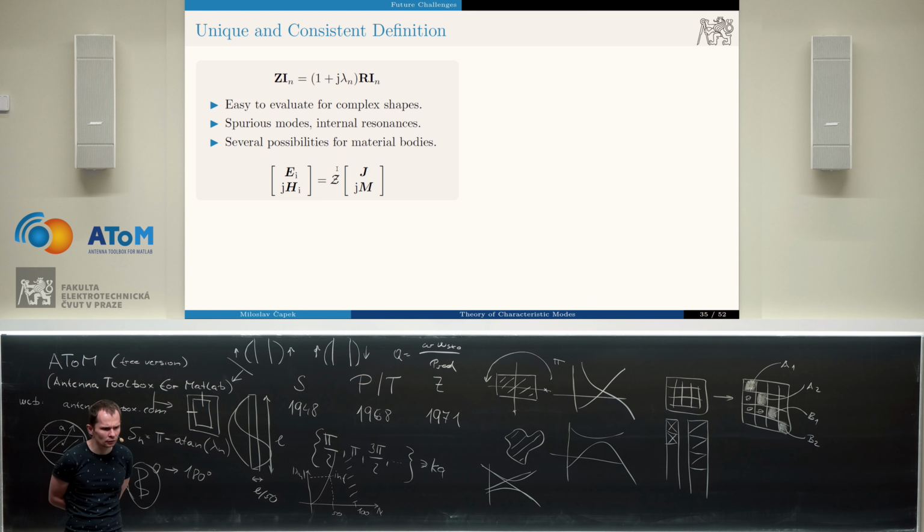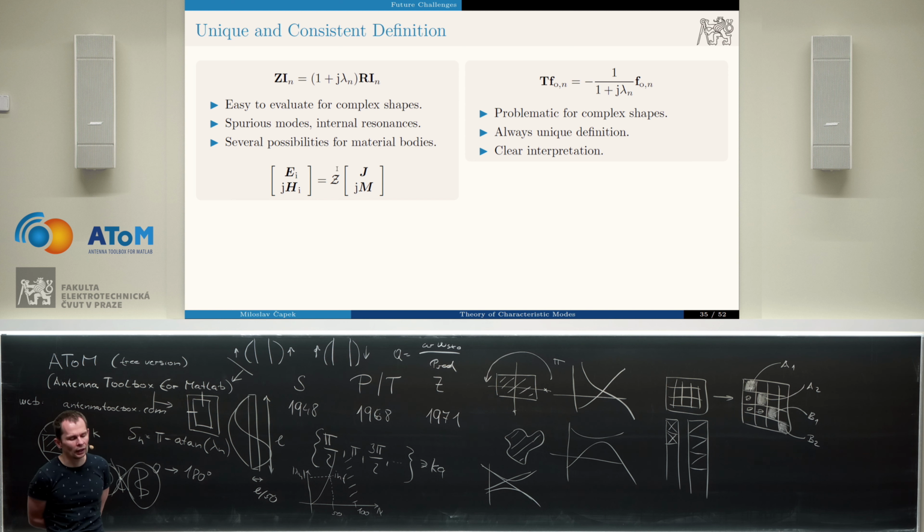But this slide and all these attempts are introducing an important question: is it possible to somehow finally connect the world of Harrington's formulation and the world of Garbacz's formulation of characteristic modes?